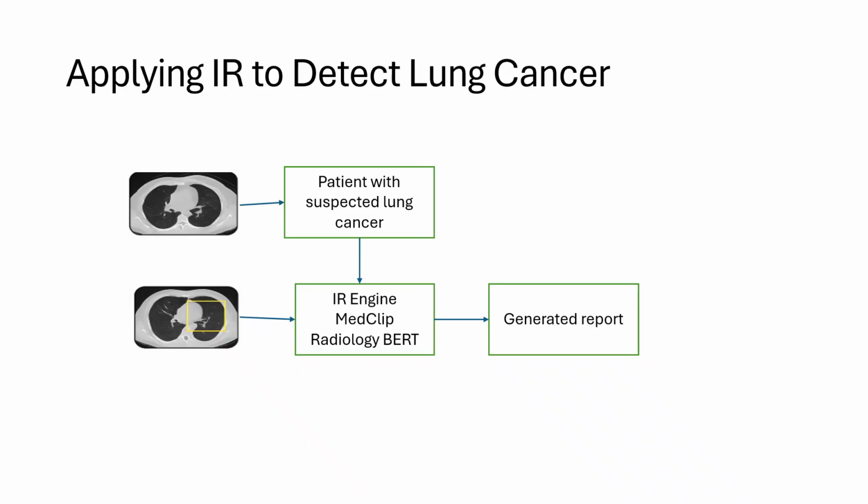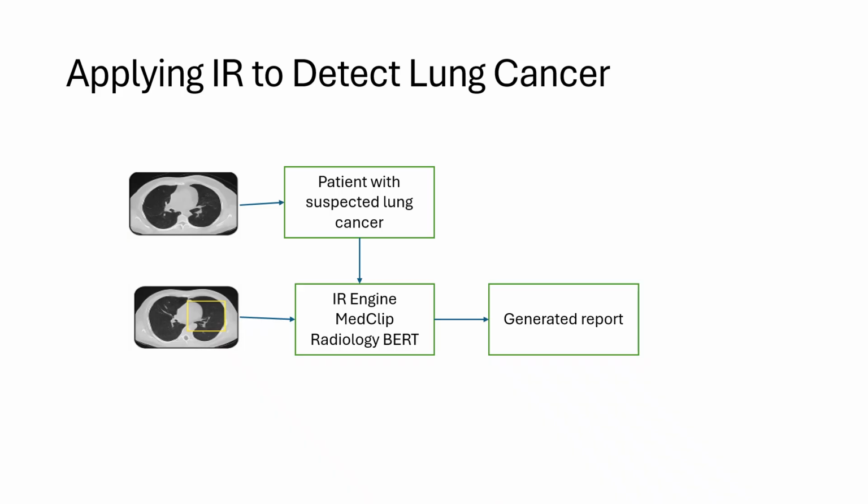So here is an example of how information retrieval can be applied to detect lung cancer. At first, a patient's CT scan image and clinical data are processed through an information retrieval engine using models like MedCLIP and RadBERT.